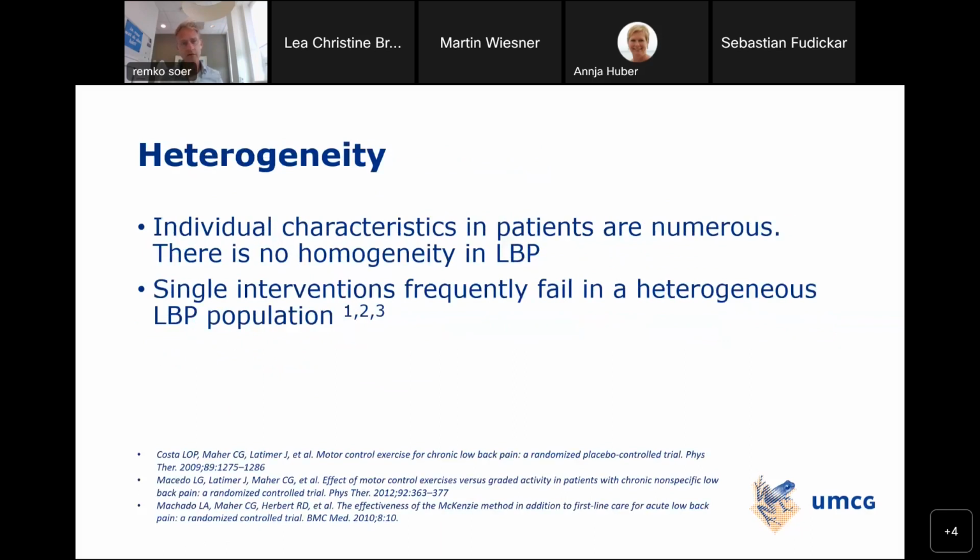So also one of the problems for randomized controlled trials is heterogeneity. There's a lot of individual characteristics in patients. Basically, they're numerous. You can randomize based on gender or age, but there are so many other characteristics.